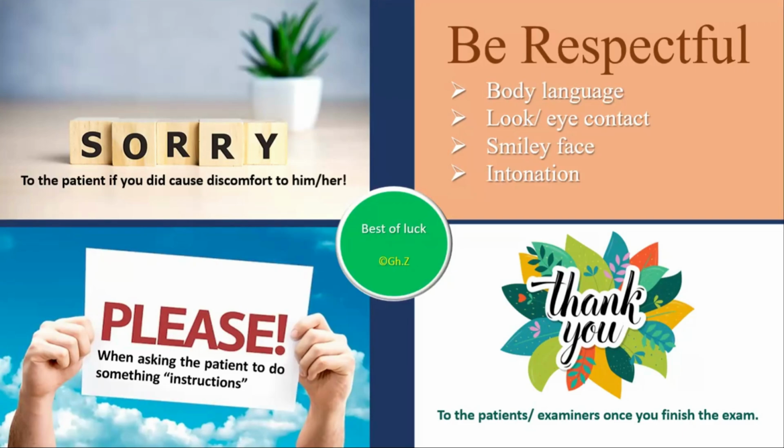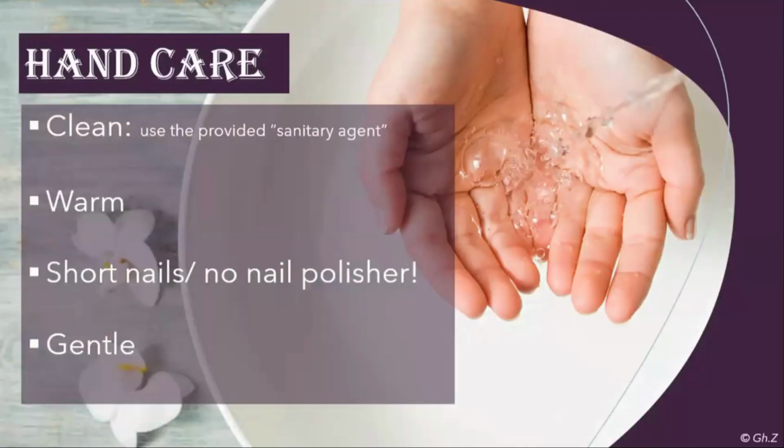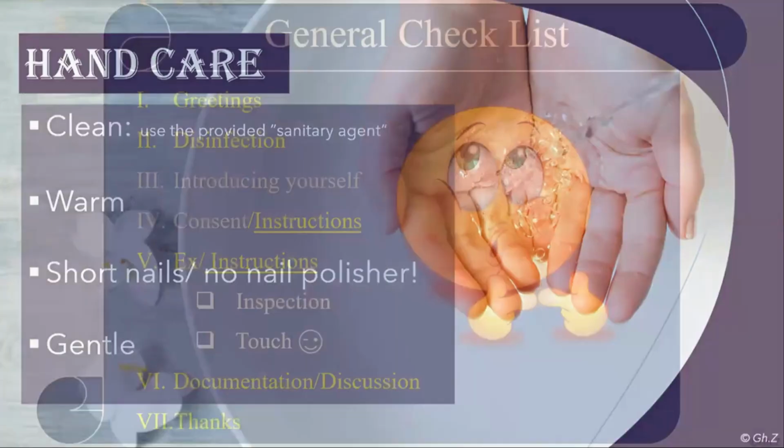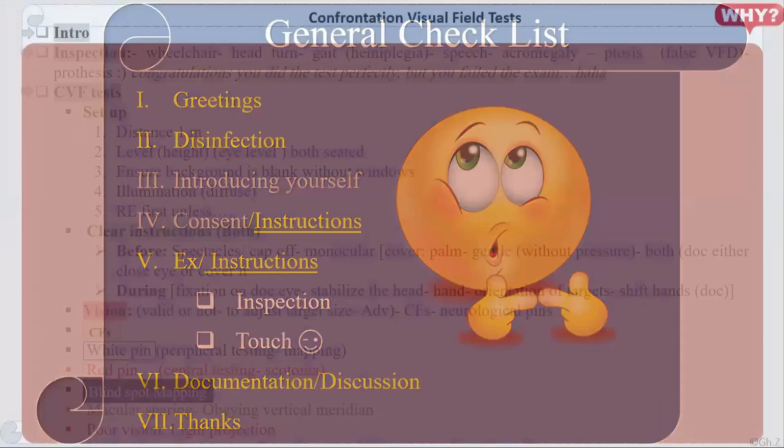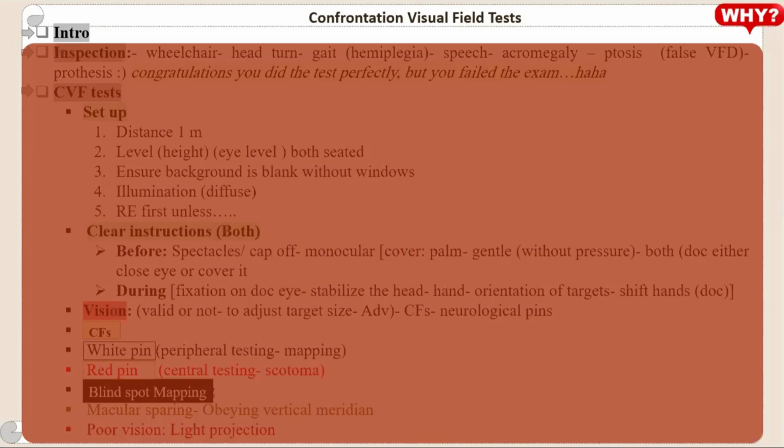This is actually a previous slide from the first class in this series, about disinfecting your hands using the gel, short nails, and so on. This is what I mean by intro, because in the video, the first clip was about intro and then dots. Dots means you have to revise what I said previously in the first class.